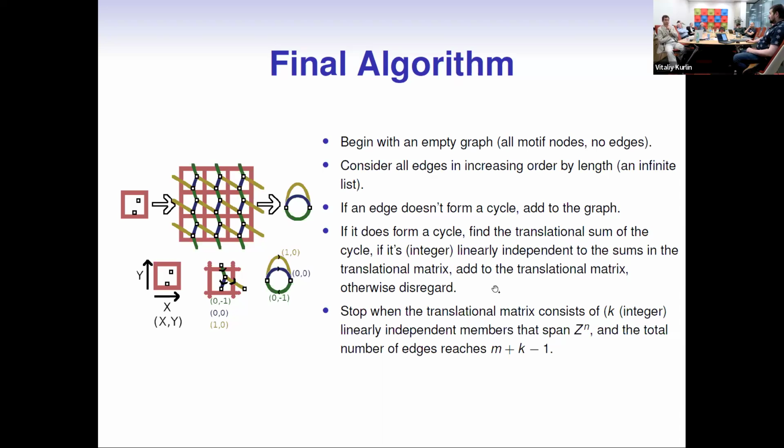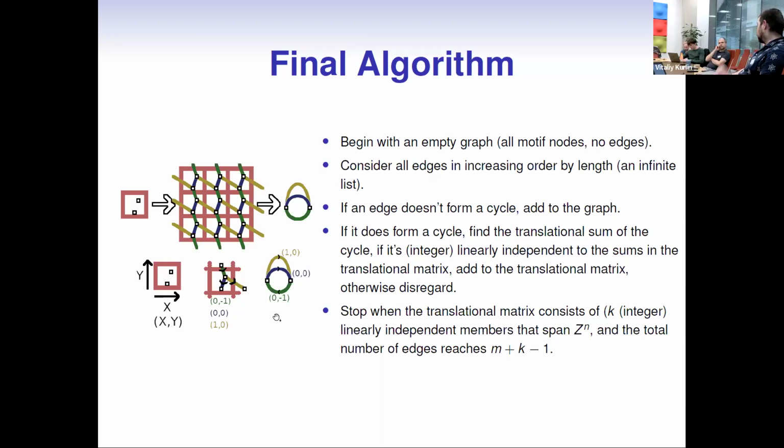If, however, it's not 0, then it gets a little bit more complicated, and we want to say it's linearly independent to the cycle sums that we have previously added to the matrix. So if you want to imagine this more intuitively, you could argue that you're going along multiples of previous cycles. In the context here, we wanted to add this edge.